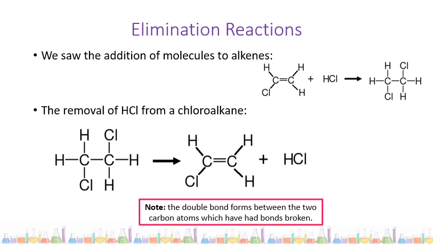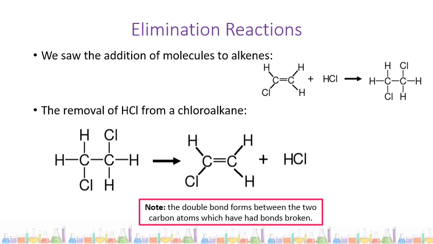We also saw in the addition reactions, the addition of molecules to alkenes, where we add a molecule across a double bond. An elimination reaction is the reverse of this, and so it does sometimes come up in questions about the removal of this molecule and recreating that double bond again.